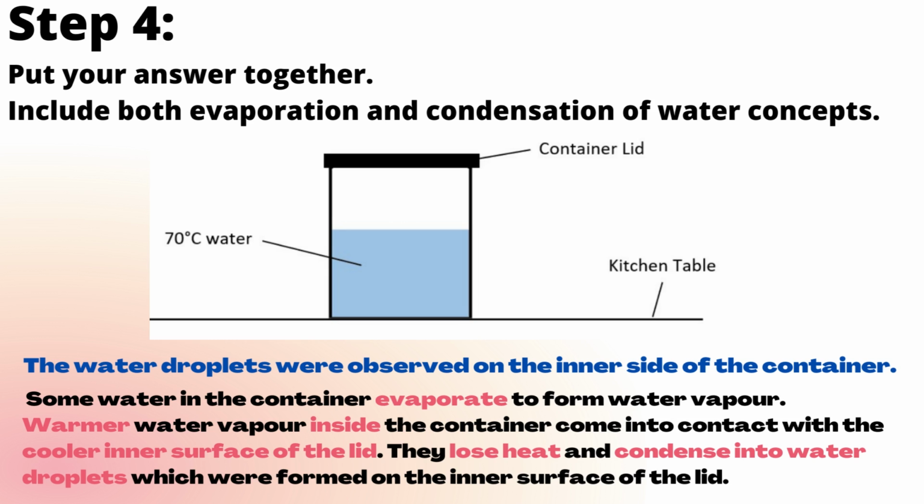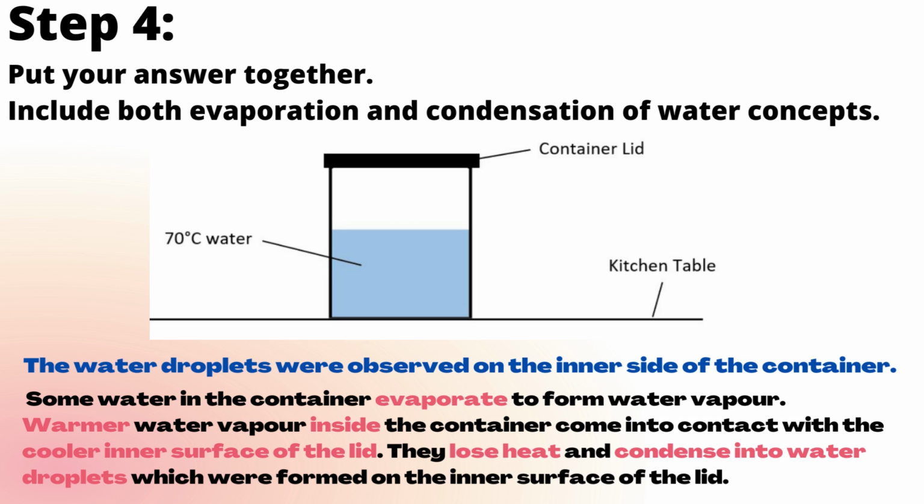Okay, so when it comes into contact with the cooler inner surface of the lid, what will happen? The water vapor loses heat. And when water vapor loses heat, the process will then be condensation. So it loses heat and condenses into water droplets.